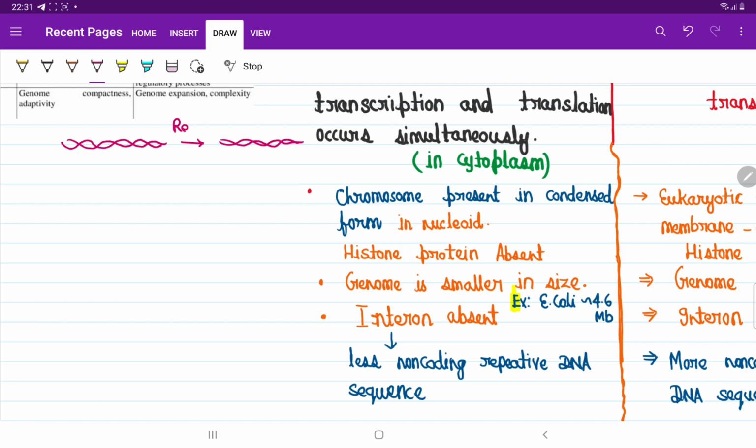This process is called replication. So they will replicate, and after replication from this DNA they will form RNA, and from RNA finally they form protein. The process of formation of RNA is called transcription. The process of formation of protein is called translation.